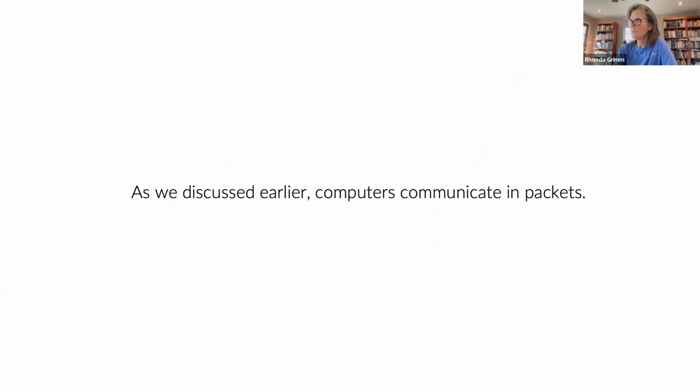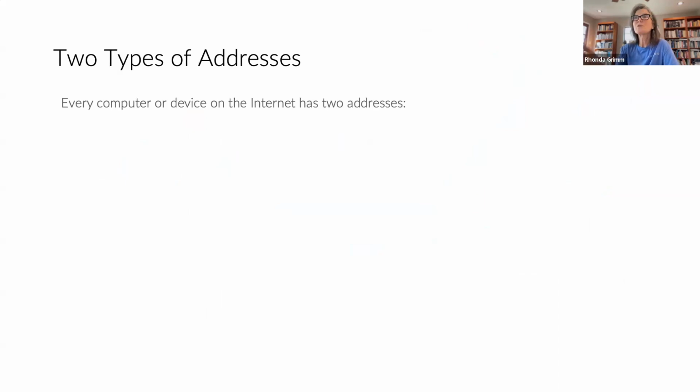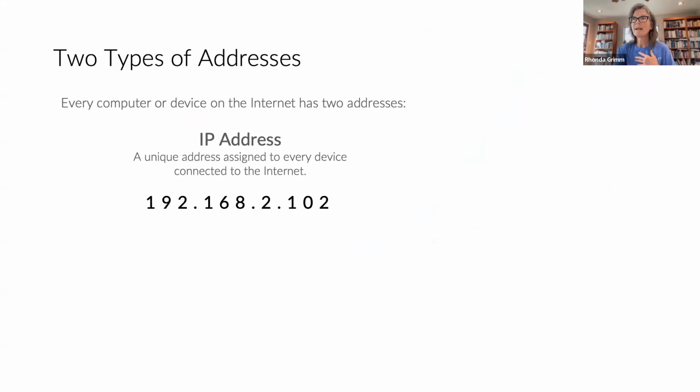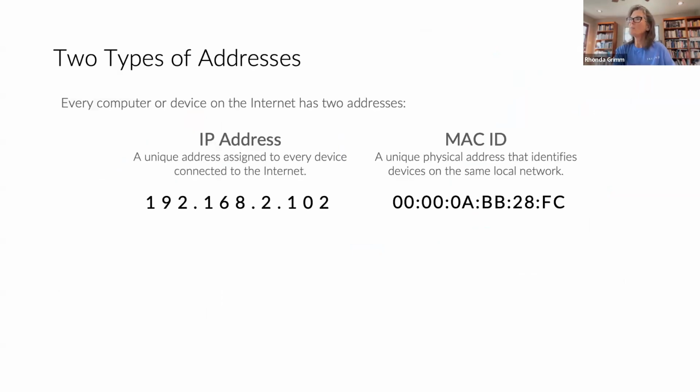So as we talked about, computers communicate in packets. Packets need addresses. So there's two types of addresses. Every computer or device on the internet has two of them. They've got an IP address and they've got a MAC ID. So in order to get to its destination, you need both.